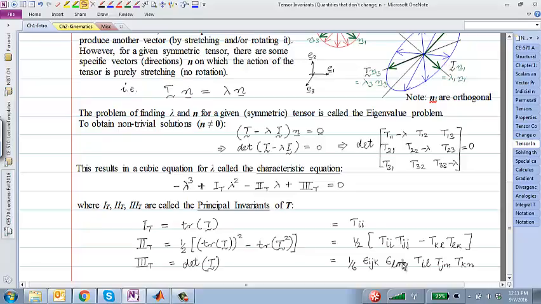So the only non-zero values that you would get would result in that determinant. But you might think, why do I want to use such a long expression with 3 to the 6 possible terms and sum them up? Yes, we don't do that. This is a shorthand way of writing the determinant of T using indicial notation, because we are going to be using indicial notation for a lot of the other derivations that we do.